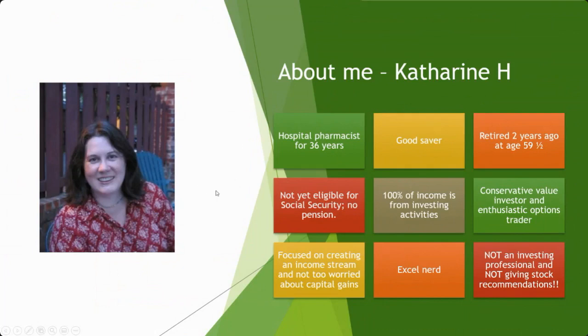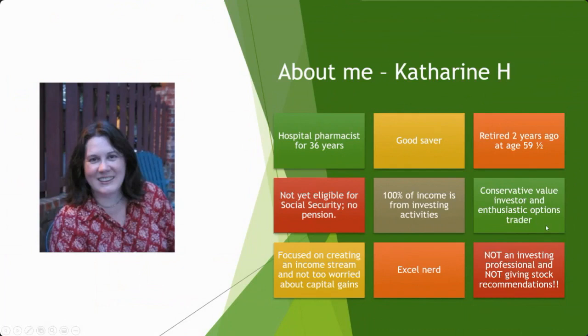I saved a good bit of money. I knew a few years before retirement that I really wanted to be able to manage my own investments, but I didn't know anything about it. So about 3 years before retirement, I started to learn and spent a lot of time just trying to figure out how I would manage this when I did retire.